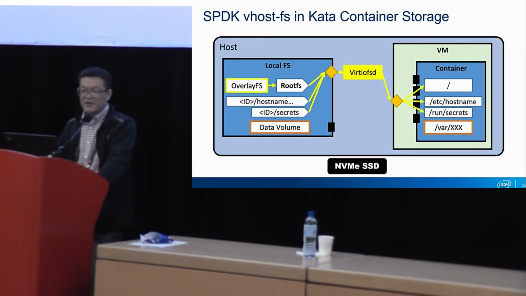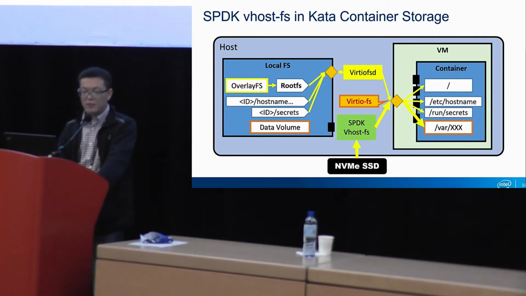So this is SPDK Vhost-fs in the Kata container storage. The users can start the Virtiofsd to provide the root FS image, and then start another process, here it is SPDK Vhost-fs, to provide the data volume. So for this issue, overlay FS and maybe some other drivers can still be used on the host side to provide the root FS image.